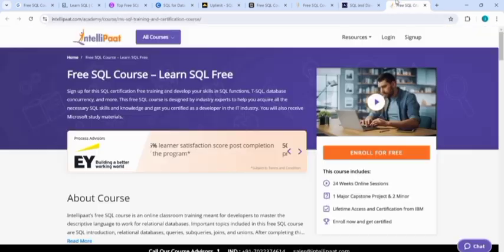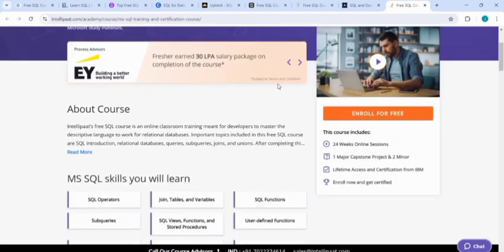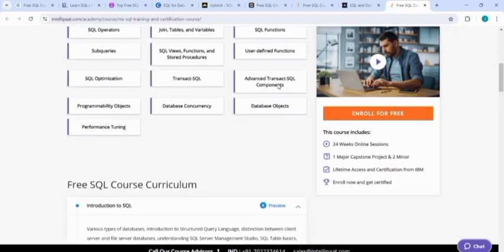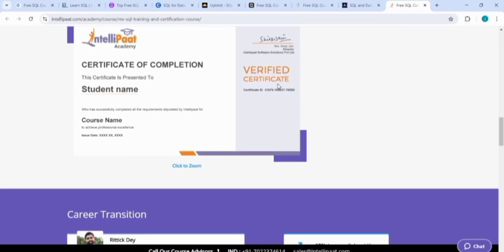Now moving towards our last certification, but not the least, that is provided by IntelliPaat, a free SQL course, learn SQL free, with 24-week online sessions, one major capstone project and two minor, and lifetime access. The certification is from IBM, that will surely boost your resume, and you can also get this.